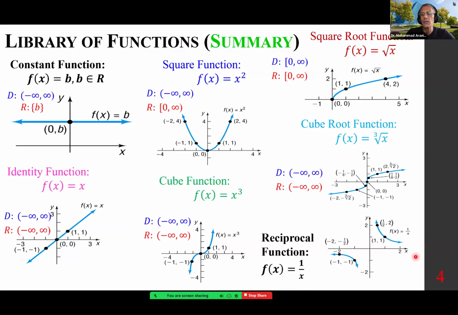In this case x can't be 0, and in this case y can't be 0. To represent exclusion of those, we say the domain is from negative infinity to 0, union 0 to infinity. The same thing goes for the range. So this is the synopsis of what we should know.